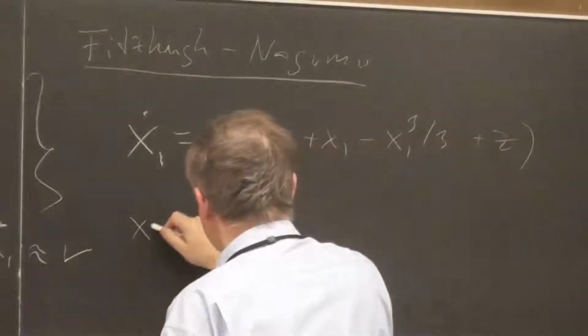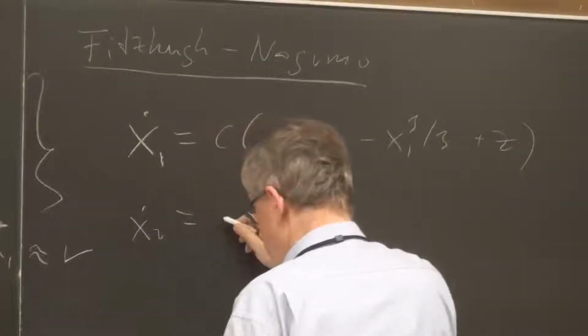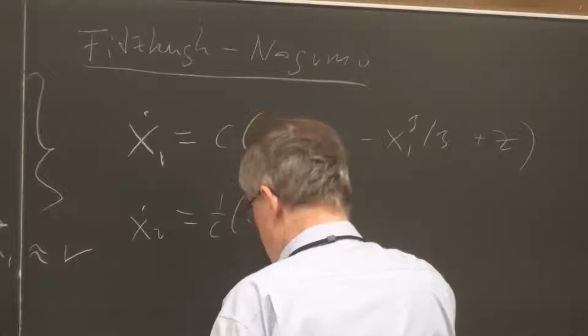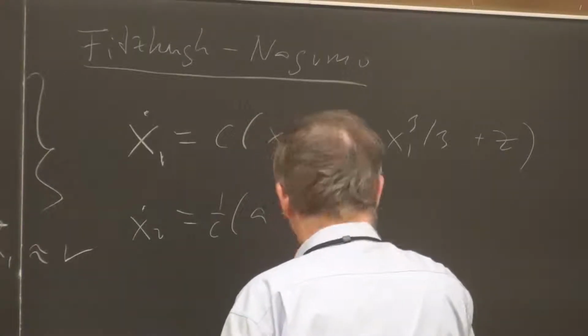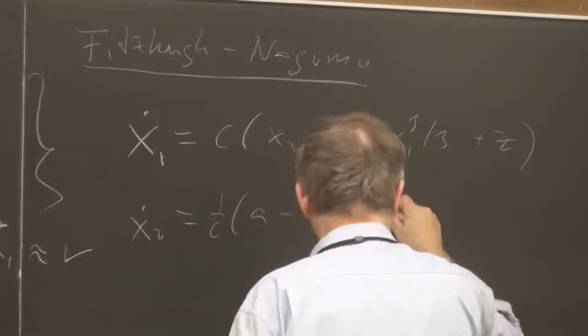And x2 dot is equal to 1 over c times a minus x1 minus b x2.